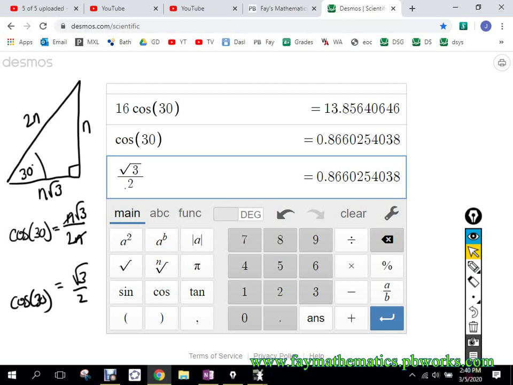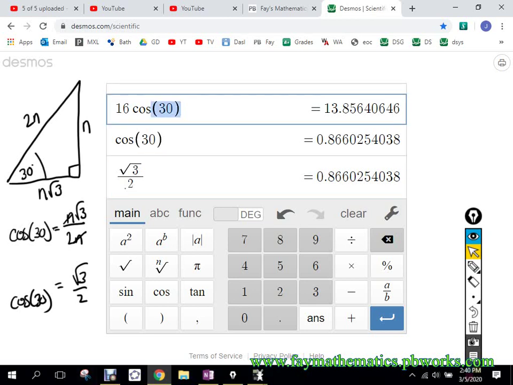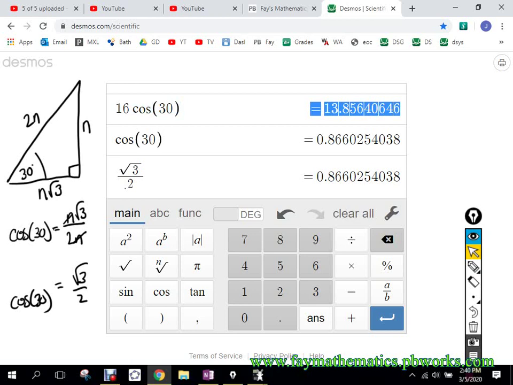What that means to me, so if cosine of 30 is actually radical 3 over 2, then when I did that multiplication right there, I multiplied 16 by an irrational number, radical 3, right? And a rational number times an irrational is going to be irrational. Does that make sense? Meaning this product here goes on forever, never ends, never repeats.